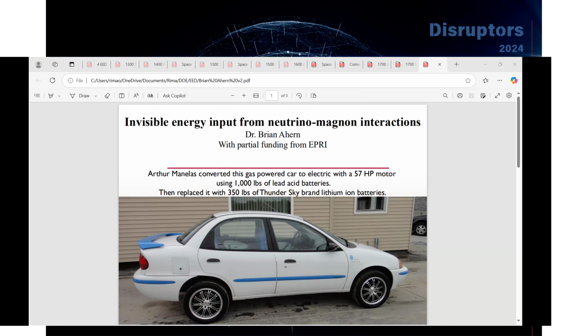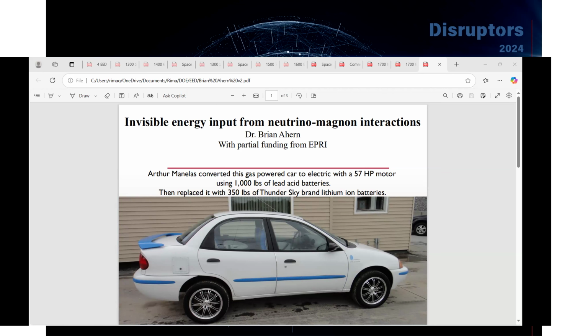But we had enough data to suggest that it had the same properties as a neutrino. Neutrinos are a highly magnetic system, and with the onslaught of magnon technology, it looks like you can form a magnon neutrino interaction, and that's where the energy came from.